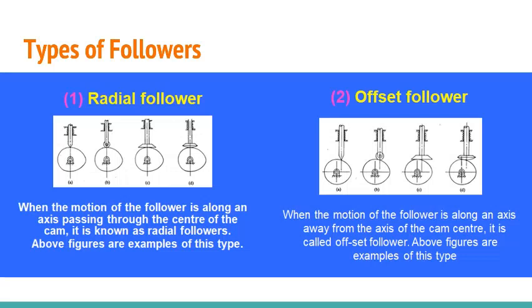That means the follower and the cam have the same axis. Then offset follower, the follower is having some offset value. That means the axis of the cam is offset by a particular distance from the axis of the follower.